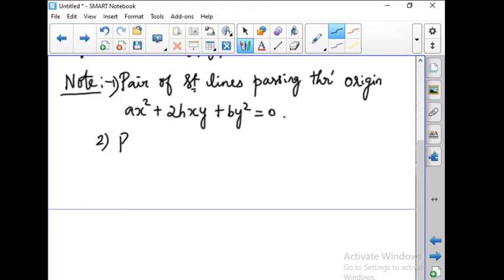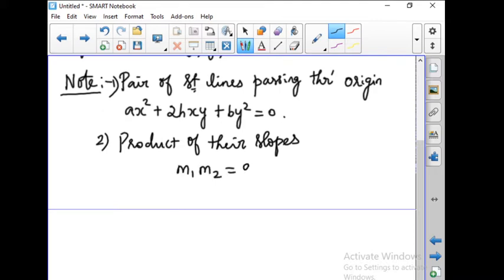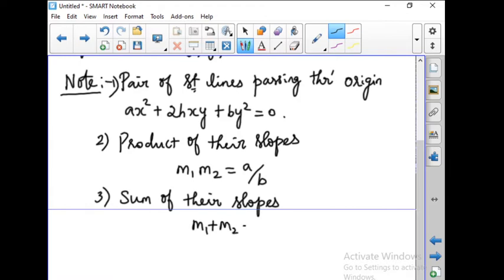Note number 2, product of the slopes of the two lines. That is m1 into m2 is equal to a by b. Okay, next, sum of the slopes. m1 plus m2 is equal to minus 2h divided by b.